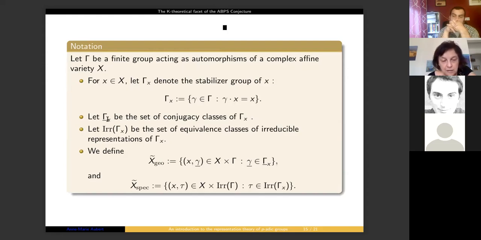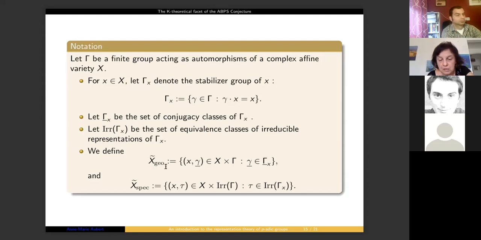So underline Γ_x would be the set of conjugacy classes of Γ_x, and \hat{Γ_x} is the set of equivalence classes of irreducible representations of Γ_x. And we can attach to Γ and X the following two sets.